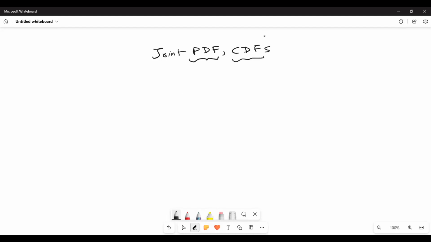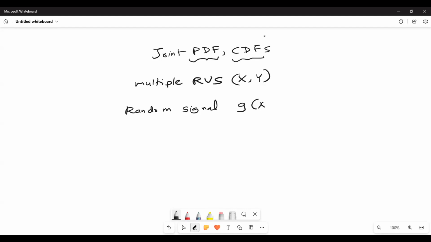So let's say that my multiple random variables are defined using X and Y, and a certain random signal is following the function g(X,Y).